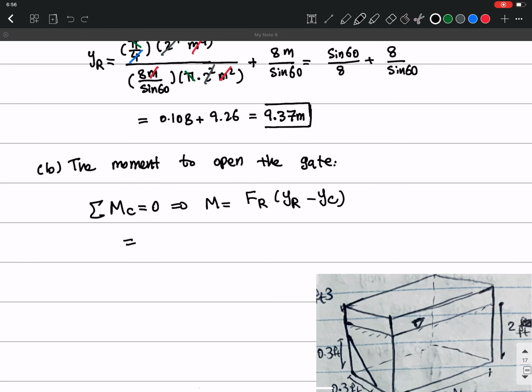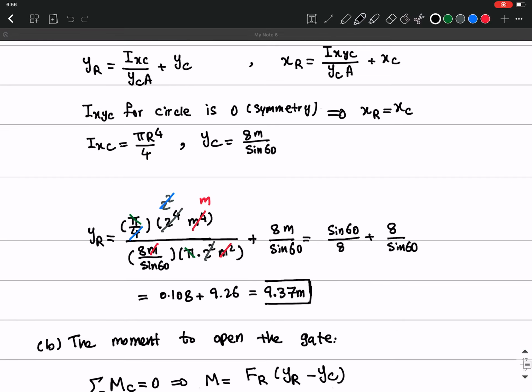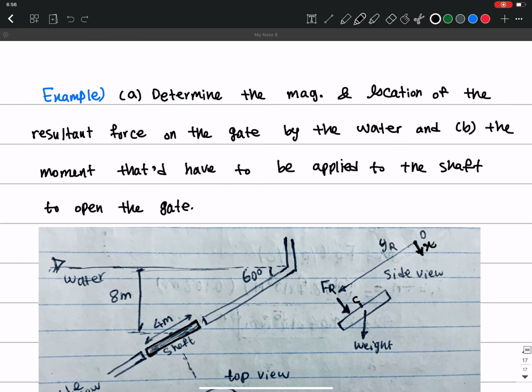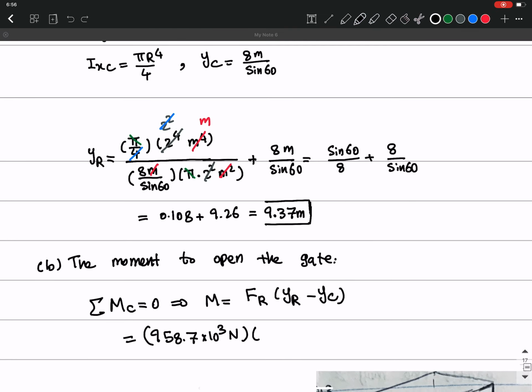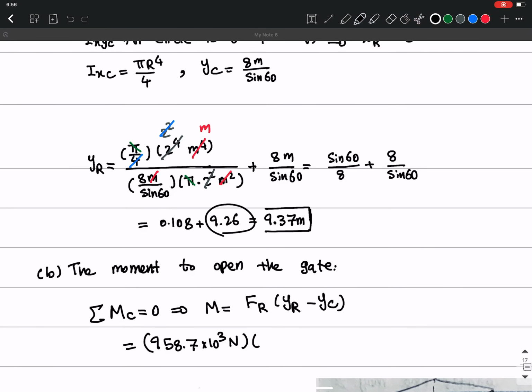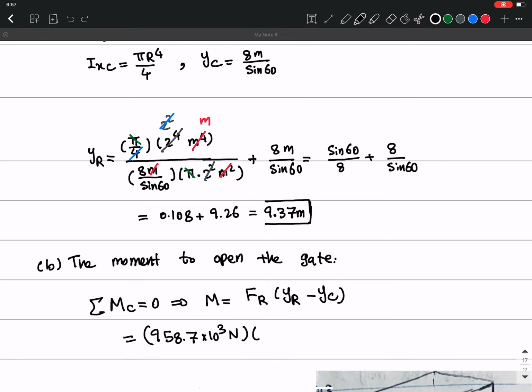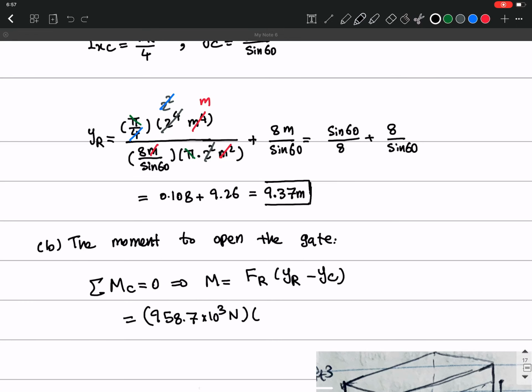So we have 958.7 times 10 to the power 3 Newton times YR minus YC, which is 9.37 minus YC, which is 8 over sine 60, or this one. Okay, so it's going to be simply this value, which is 0.108 meter.